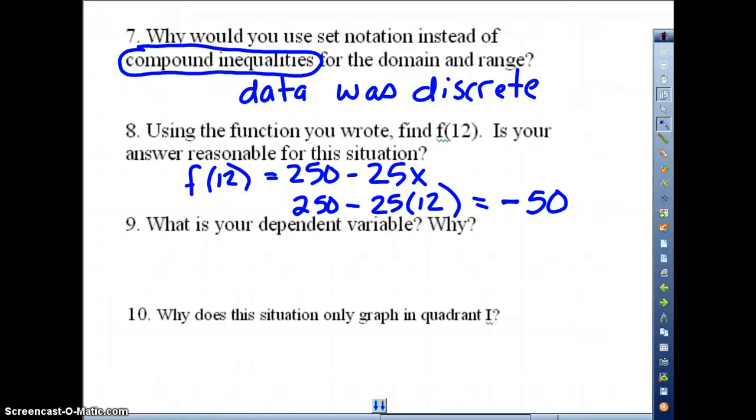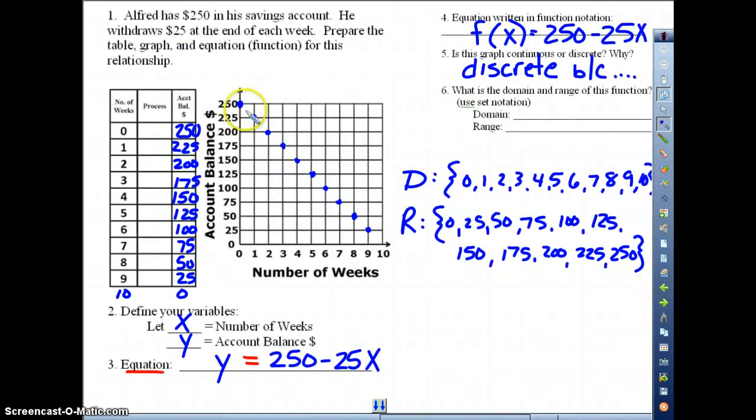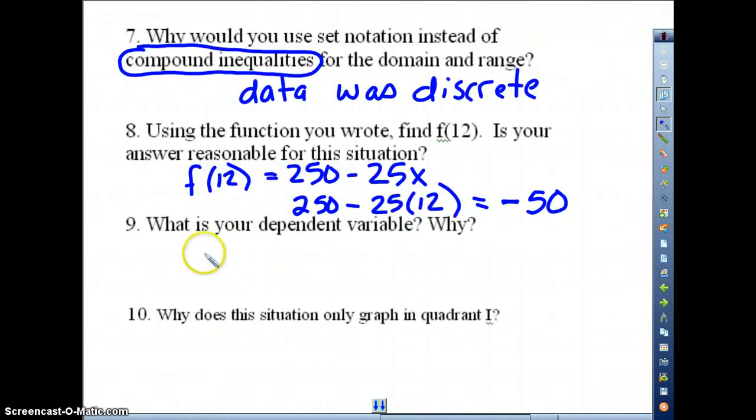It says, what is your dependent variable and why? Well, we always graph the dependent variable on the what axis? On the y-axis. So if I go back and look at this, what variable got graphed on the y-axis? Yeah, the account balance. So our dependent variable is the account balance.